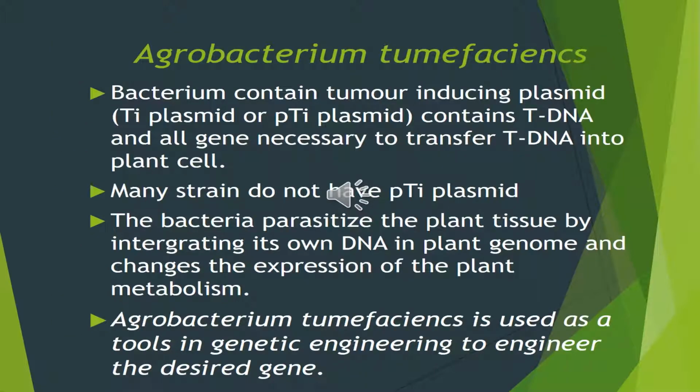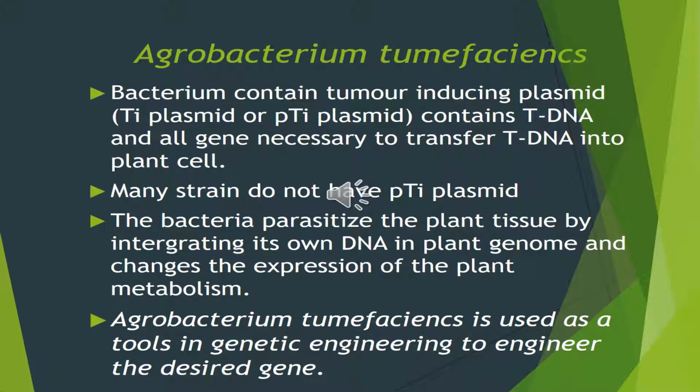To be virulent, the bacteria must contain a tumor-inducing plasmid, said to be Ti plasmid or pTi. pTi stands for plasmid tumor inducing, which contains the tDNA and all the genes necessary to transfer it into the plant cells. Many strains of Agrobacterium tumefaciens do not contain Ti plasmid. To be virulent, there should be a presence of Ti plasmid.